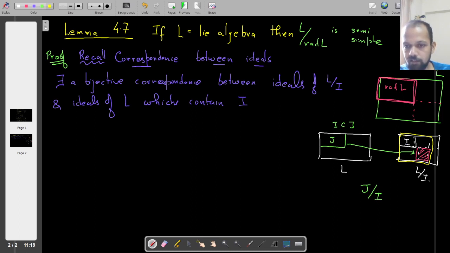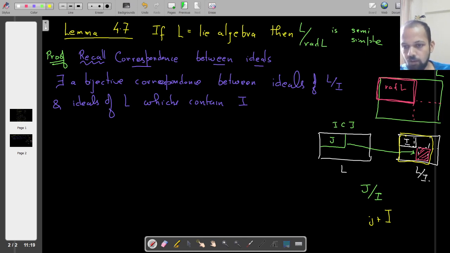J by I. Now J by I is going to be all elements that will be of the form j plus I, where j is in J. So you'll get many of these elements from L by I. It turns out they will form an ideal here.